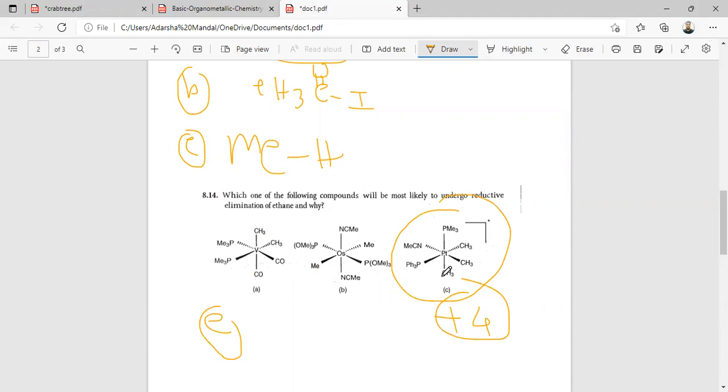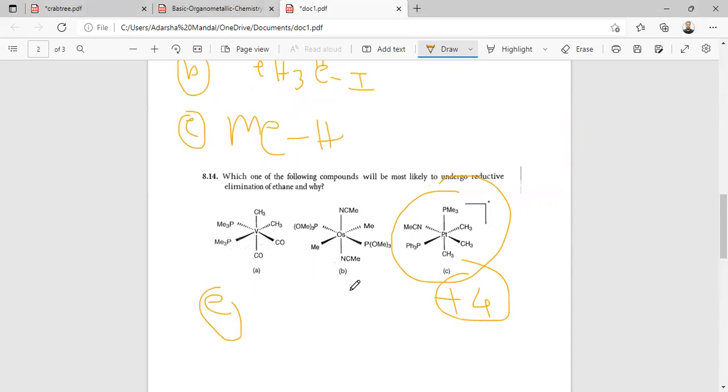So it is a highly formal oxidation state. To get stabilized in the plus 2 oxidation state, the ethane will be eliminated to form this platinum 2 oxidation state.